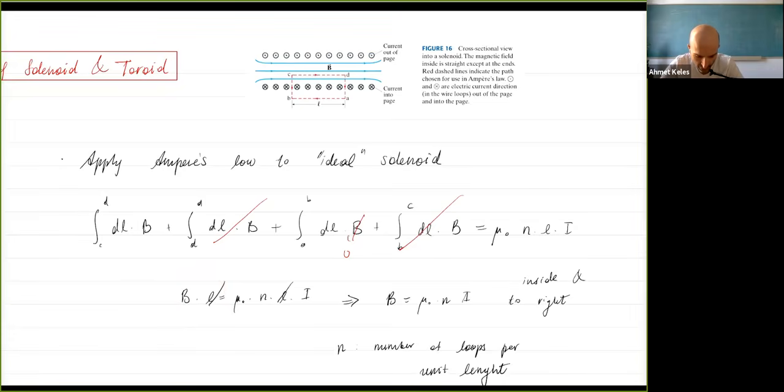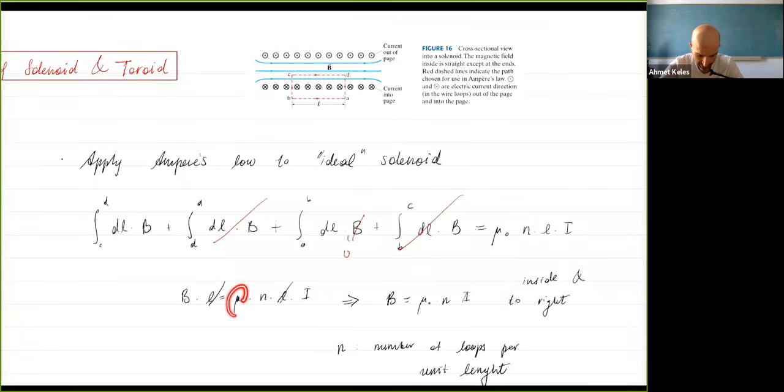And this should be equal to the total enclosed current here. But what is the total enclosed current? The number of lines per unit length times length is my total current.